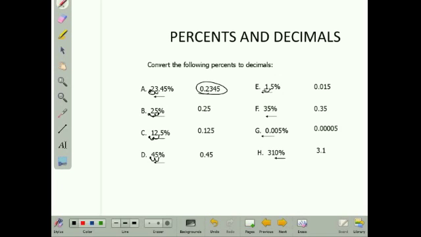This is moving it 2 places to the left. I've had a space, and I need to account for that space by adding a 0 to it. It becomes 0.015. The decimal is there. Now this one, I'm going to continue to move to the left, and once again I'm going to add zeros to anything that I need to. Decimal is here, 3.1.